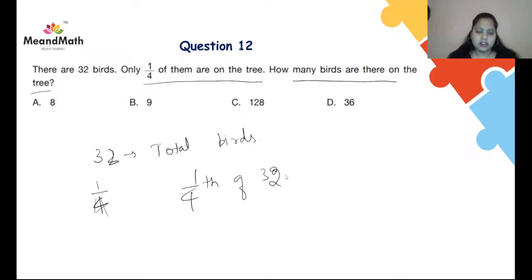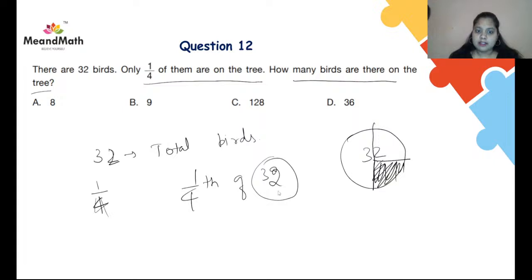Now, how do we find out 1/4 of 32? We know that out of 32, if you are dividing it by half, and again that half, so that is the quarter, right? Exactly. So, first we are going to divide by 4 right here. 32 divided by 4.